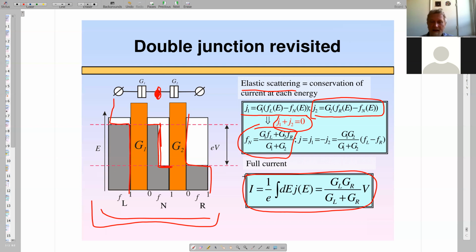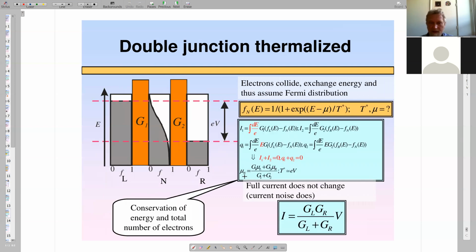Fine, let us apply a different conservation law. In this case, it makes sense if the structure is long and electrons do collide when they go from one junction to another junction.